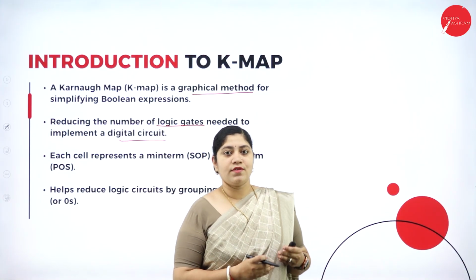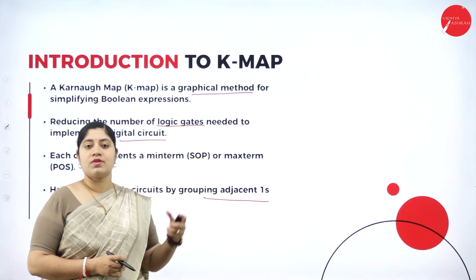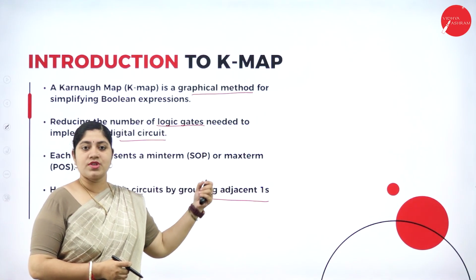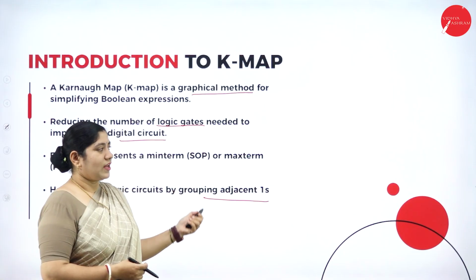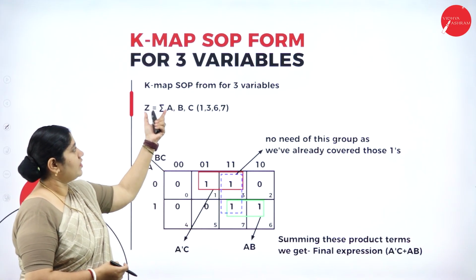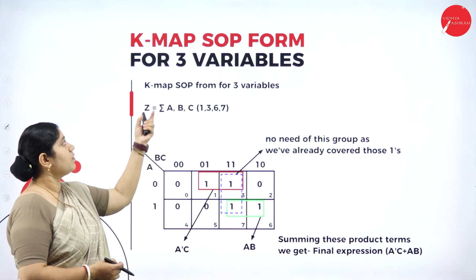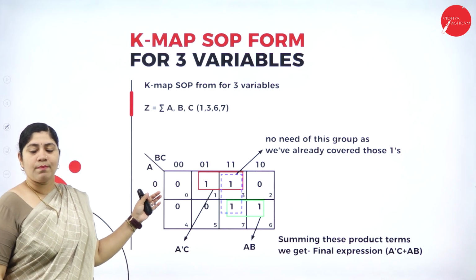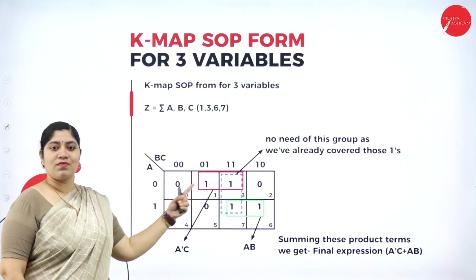Up next, let's understand how to graphically write the K-map, how to represent the values inside the K-map, and how to simplify it. Let's simplify a K-map that's in SOP form for 3 variables. So first question: number of boxes.